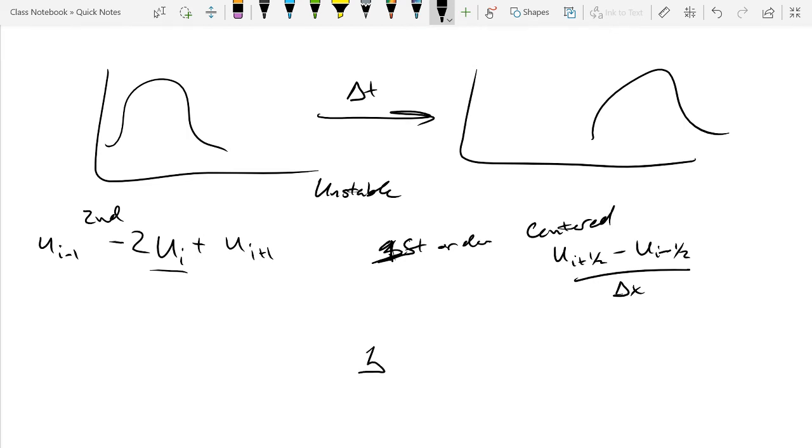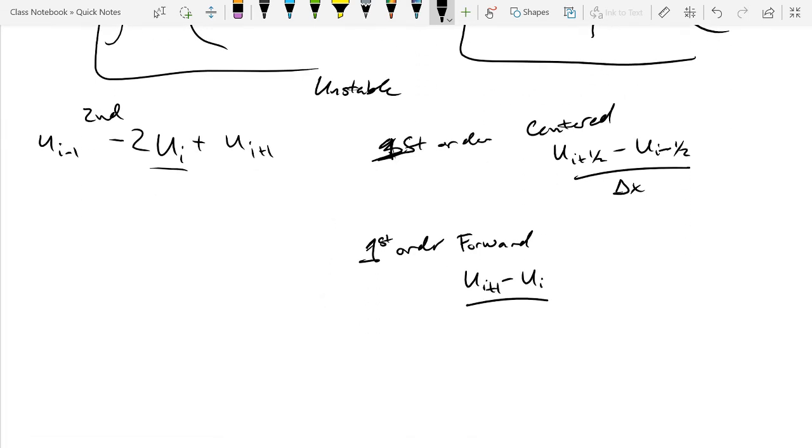But now the first order forward derivative is just u of i plus 1 minus u of i divided by delta x.